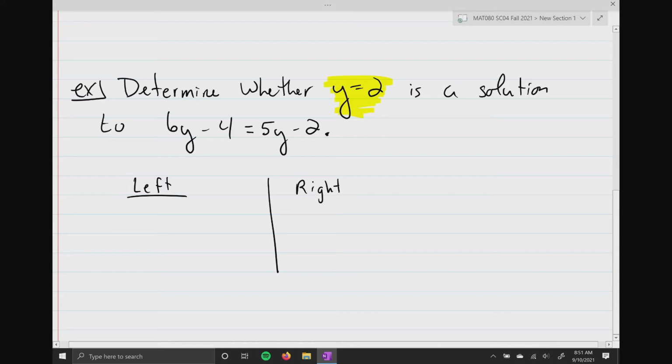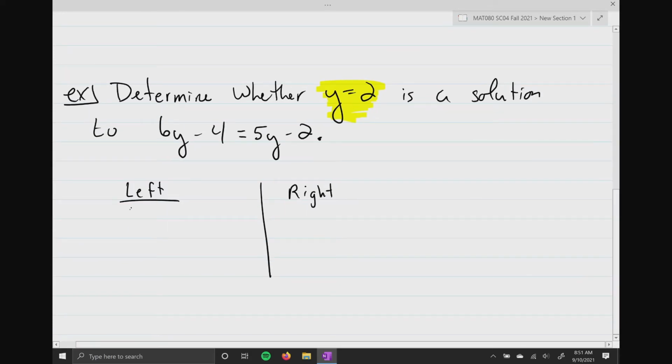I'm going to substitute in my value of y. So for the left, it's going to be 6 times 2 minus 4. And for the right, it'll be 5 times 2 minus 2.